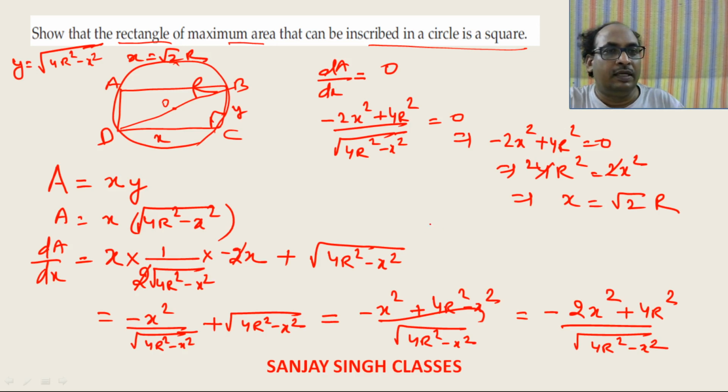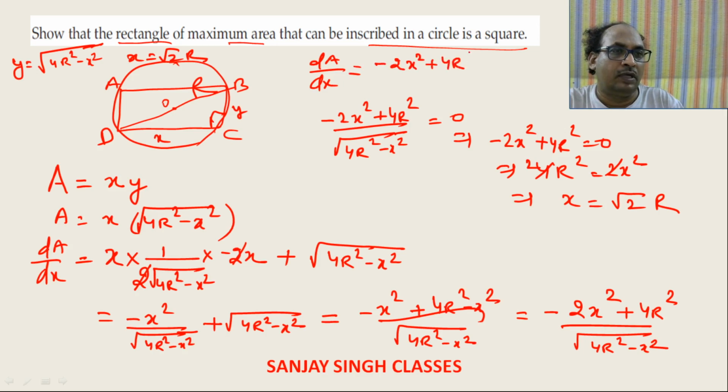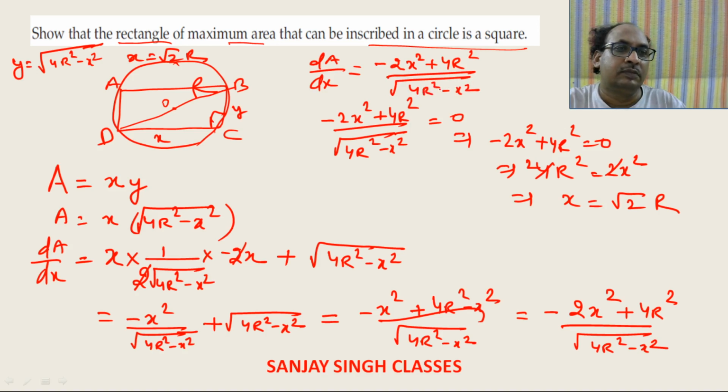Okay, and now I am going to rub this side. No, dA by dx I need. So dA by dx I need, so it will be minus 2 x square plus 4r square divided by whole root 4r square minus x square. And let me erase this part.